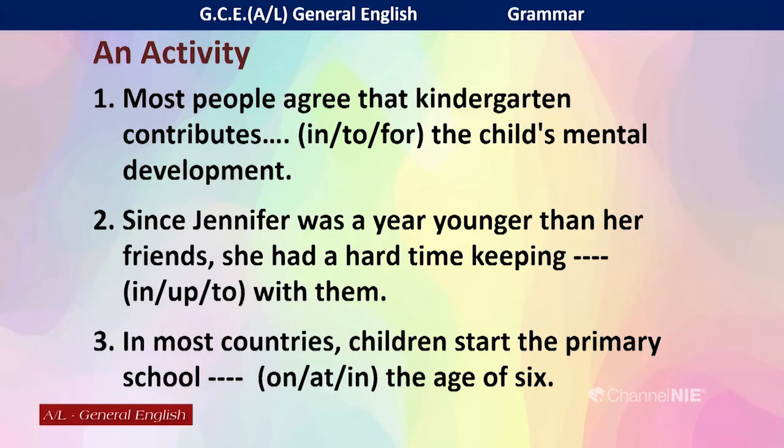Within brackets you have in, up, to with them. Third sentence, in most countries children start the primary school blank. Within brackets you have on, at and in the age of 6. So, let us see what the answers are.